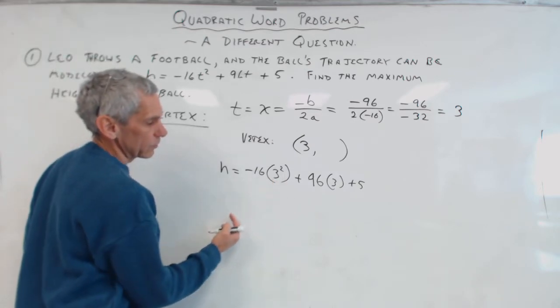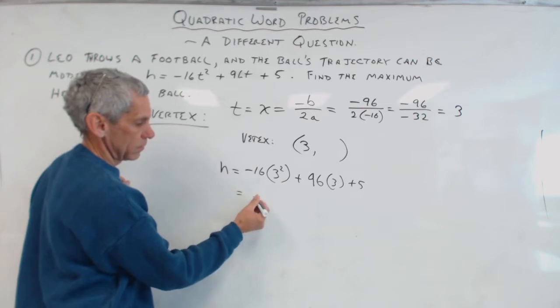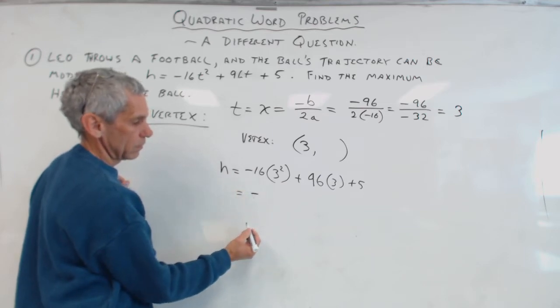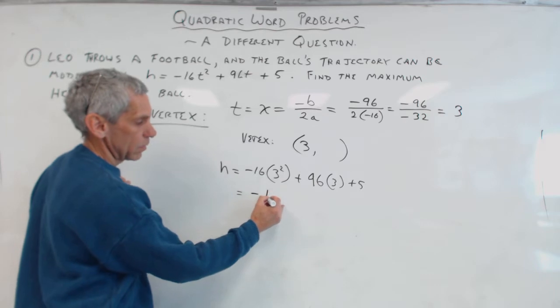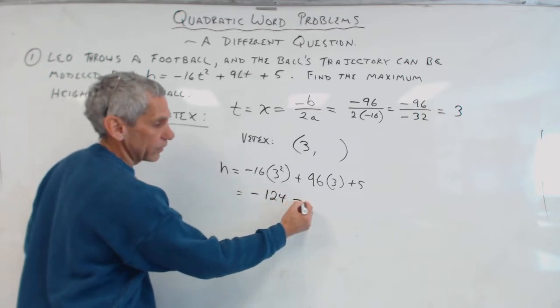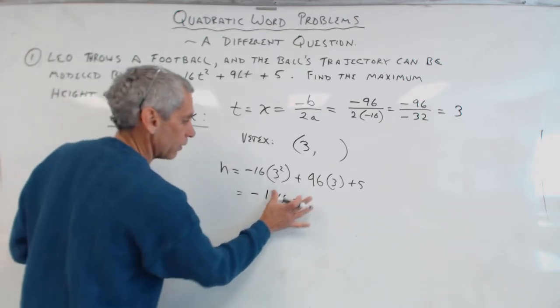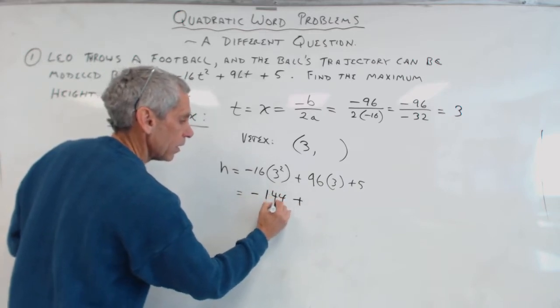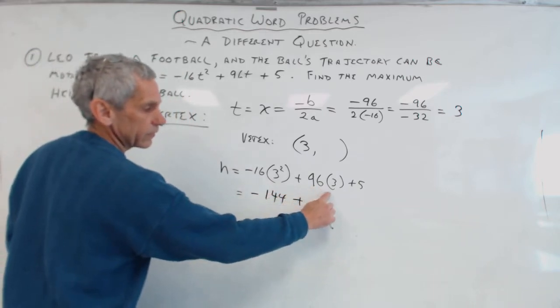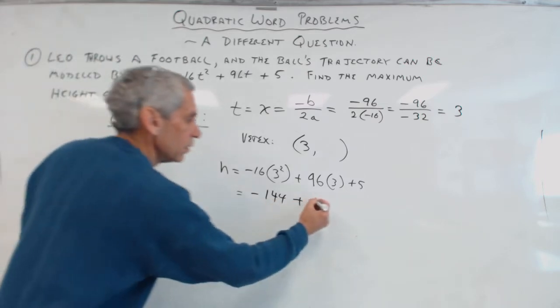What's 16 times 9? 16 times 9 equals 144. Okay, negative 144, right? And then plus, what is 96 times 3? 96 times 3 equals 288.